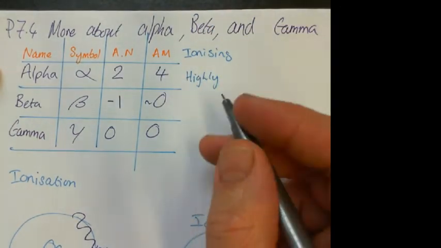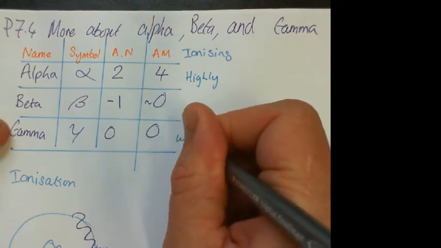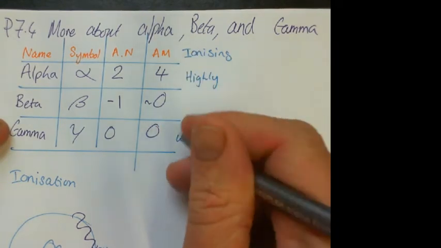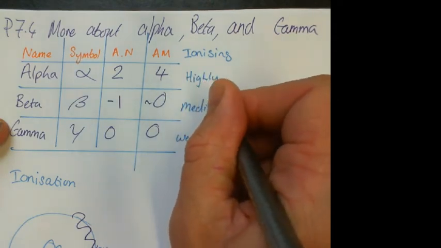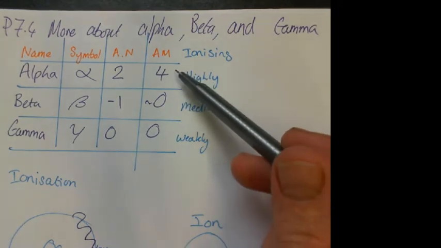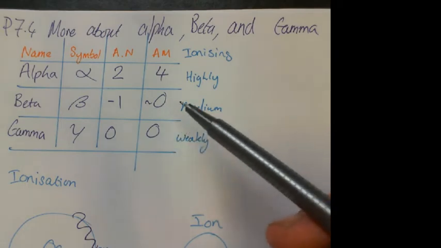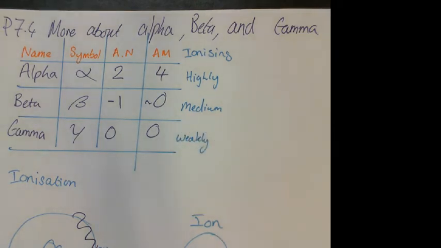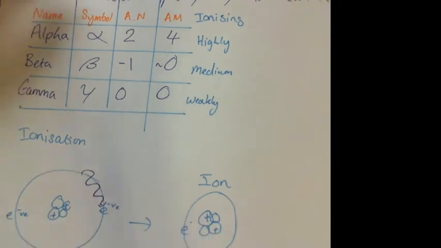Gamma particles are weakly ionizing compared to the other 2, and beta is medium. So how ionizing you are depends on how big you are, and this one's the biggest, this one's the next biggest, this one's the smallest. It's got 0 mass, but it still has enough energy to be ionizing. It just doesn't do it as easily as the alpha or the beta. Okay, so that's the first thing, ionization.